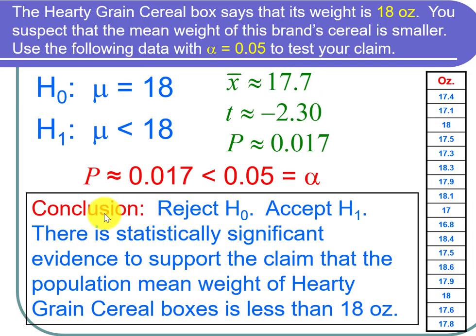The conclusion is I reject H naught, I accept H1, and I can conclude that there is statistically significant evidence to support the claim that the population mean weight of Hardy Grain cereal boxes is less than 18 ounces.